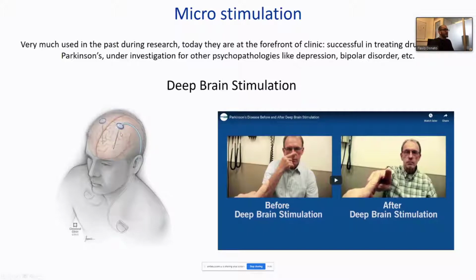Basically, the therapy is that you have electrodes in the brain and you artificially stimulate neurons in the area where the electrodes are by simply injecting some current. The mechanisms by which it works are unknown, for the limitation that I've told you before, that we have no idea who we are recording from, but the results are astonishing. And I've just shown you something that basically affects a person affected by Parkinson's.